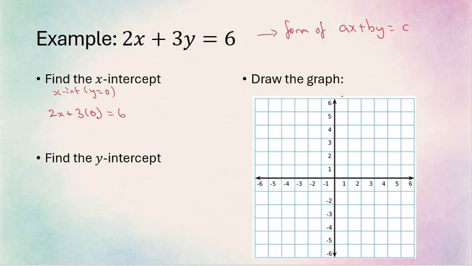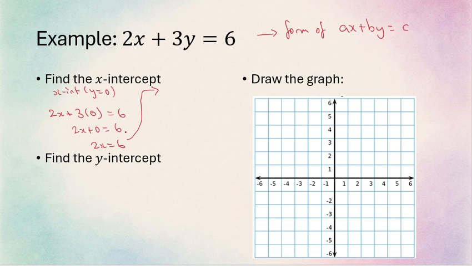Now, 3 times 0 just equals 0. So that just disappears, okay? So this just cancels out. So with that in mind, all you're left with is 2x plus 0 equals 6, and then 2x equals 6, just like that. Now, I need to solve for x.